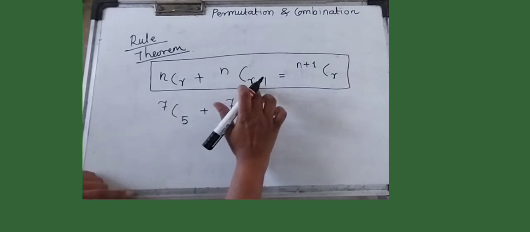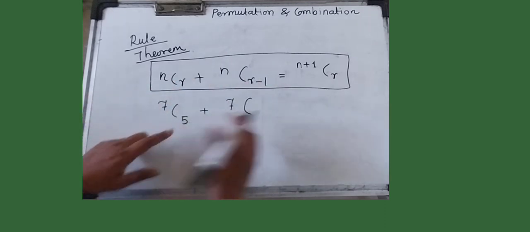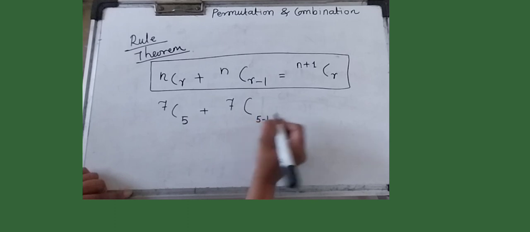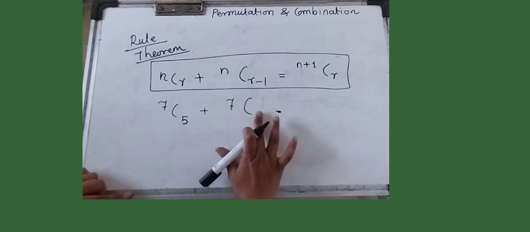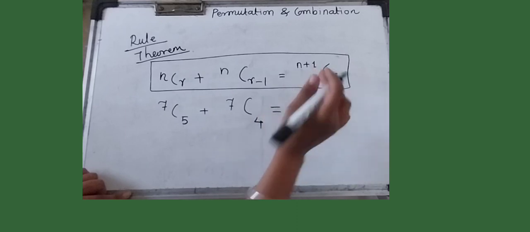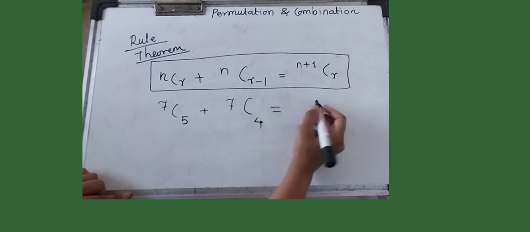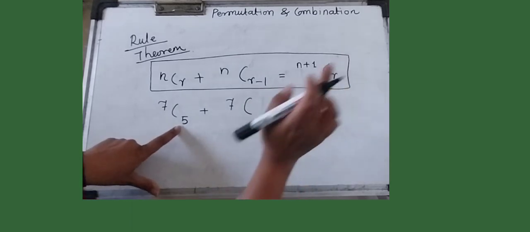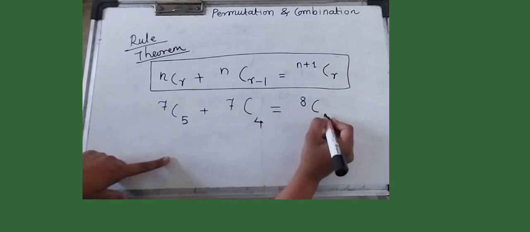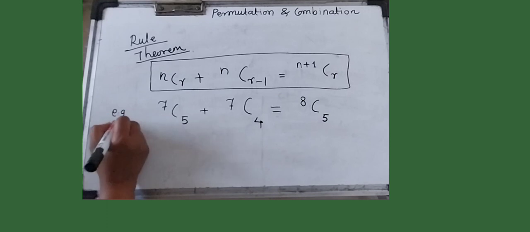What is here? r minus 1, which means 5 minus 1, so I write here 4. Equal to, what is the result here? n plus 1, which means 7 plus 1, it is 8Cr, where r is the previous one, 8C5. For example.